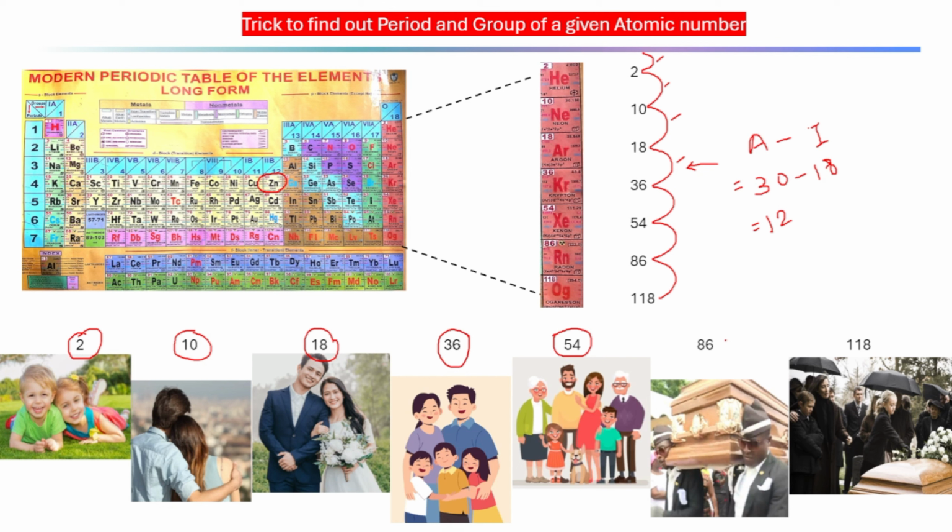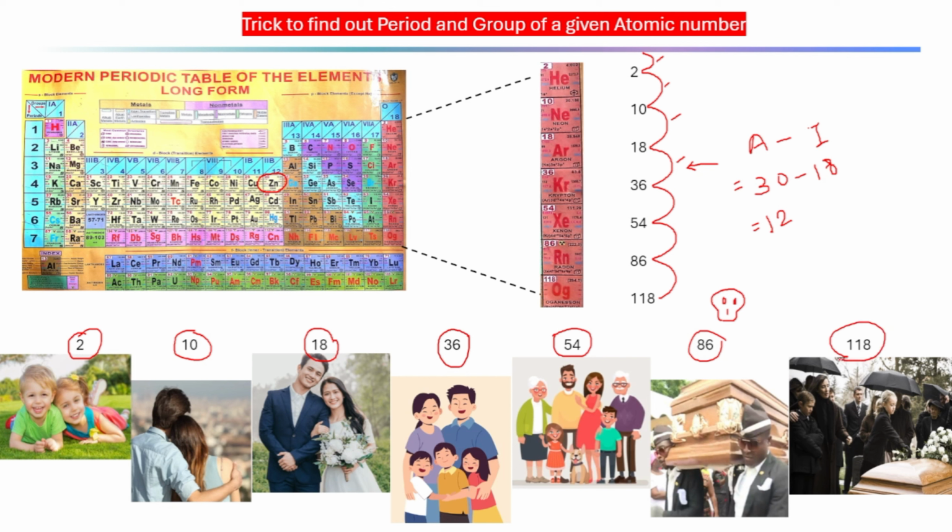And 86 is the age where you do the coffin dance from inside the coffin. I will just draw the sign of death. The god of death comes and takes you at the age of 86. And when you were dying, 118 people were there grieving at your death.